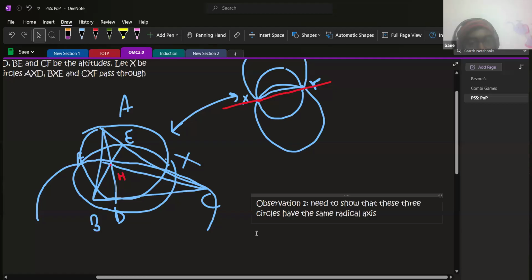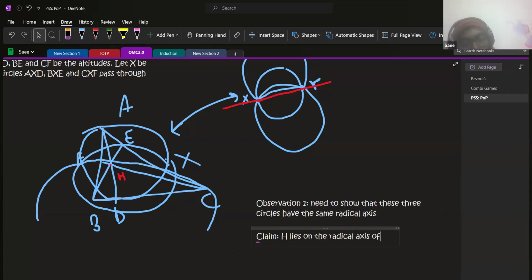So claim: H lies on the radical axis of all three pairs of circles.